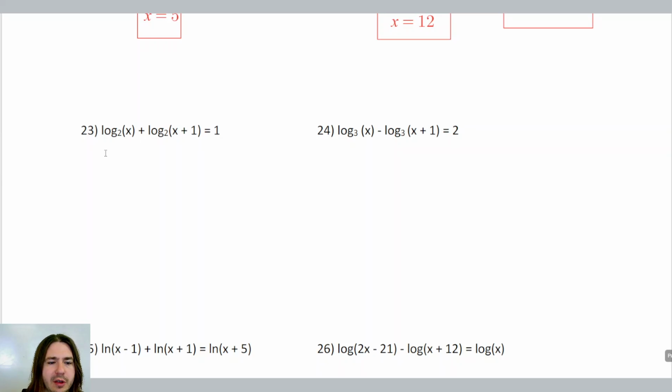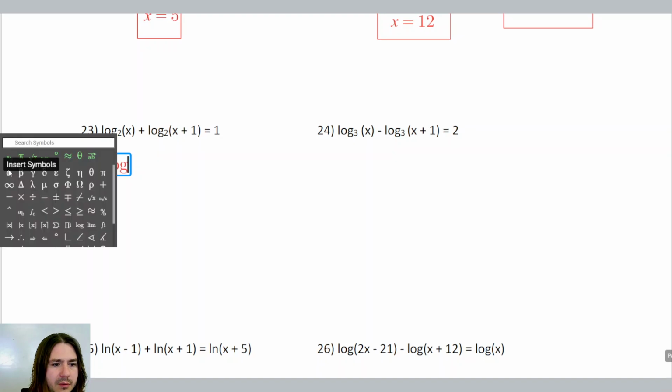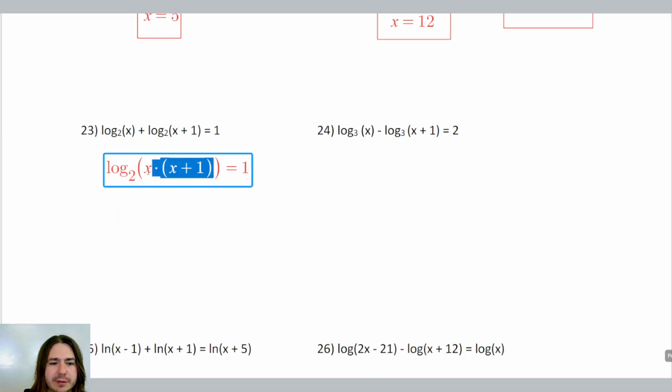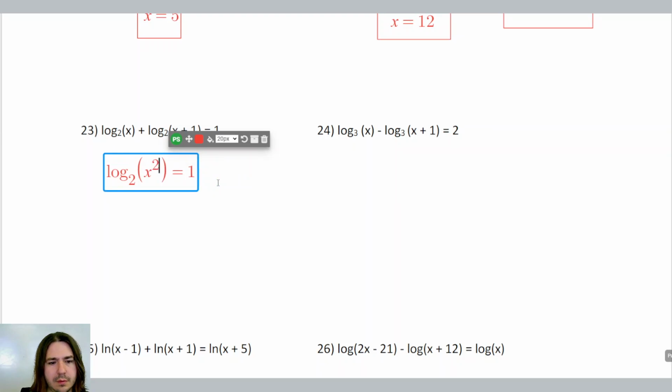So here, I'm going to combine these to get log base 2 of x times (x plus 1) equals 1. Now, I can go ahead and just multiply these together. Okay, x times x is x squared. And x times 1 is just x.